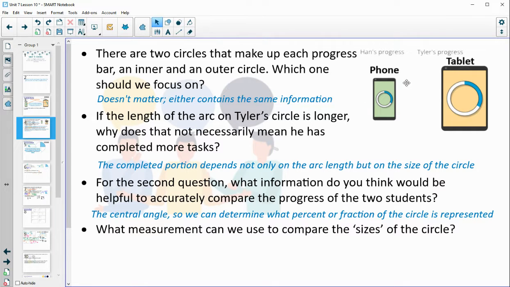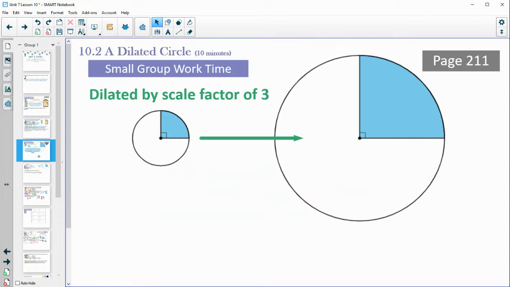And when we're talking about the actual size of the circles, what's the measurement that we use to look at the size of circles? That's going to be the radius. So portions of the arc and what percent or fraction of the circle is being covered would be the central angle, or how far around we are. And comparing the actual size of the circles has to do with its radius.